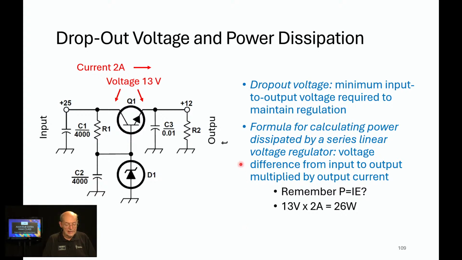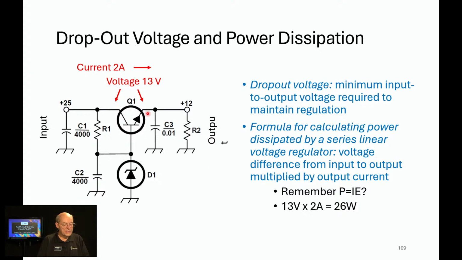So for calculating that, it's the voltage difference from input to output. So we've got 25 volts over here, and I'm saying 13 volts over here. Remember the pie formula, power equals current times voltage. In this case, with the numbers I've shown in red, 13 volts times 2 amps is 26 watts.